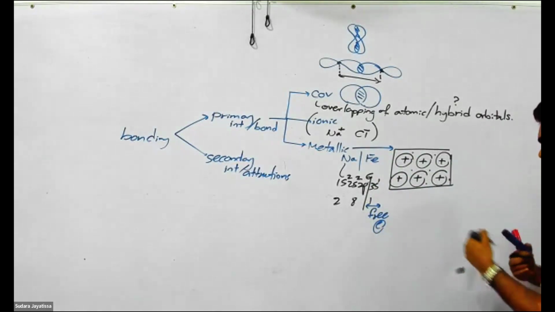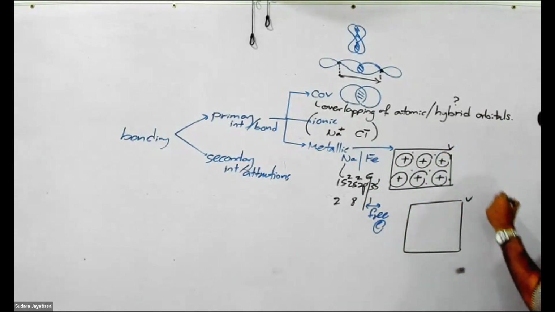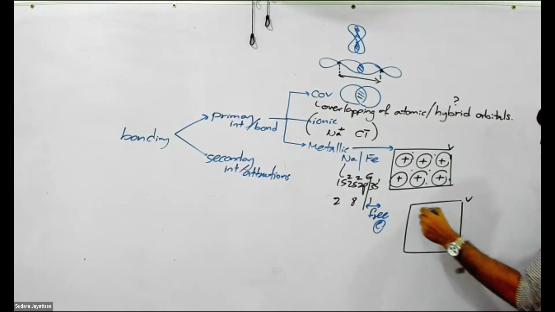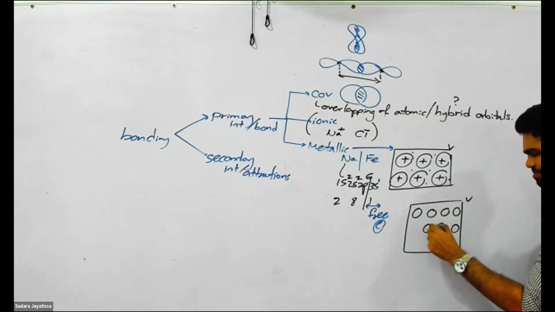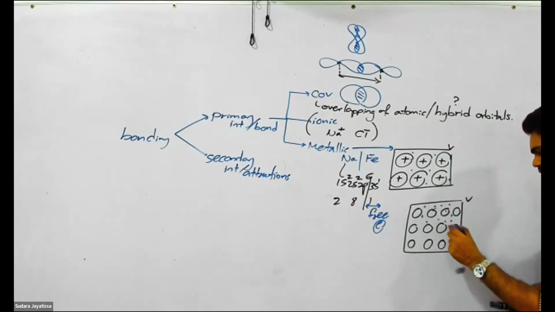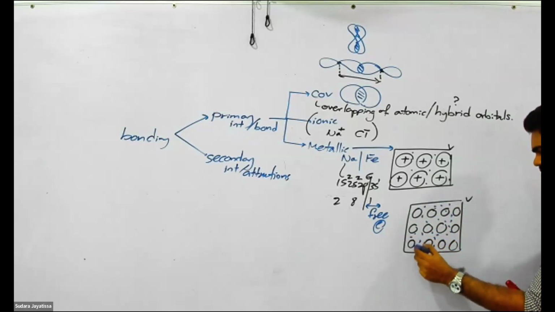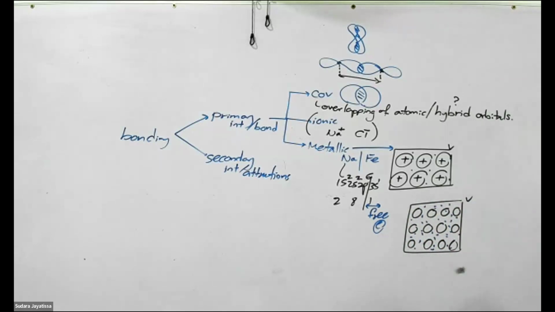Like you take iron, for example, you take the same volume V, and it is easy to compare. The iron atom is very small, and it has a large number of free electrons. That means last energy level electrons are given to this pool of electrons.